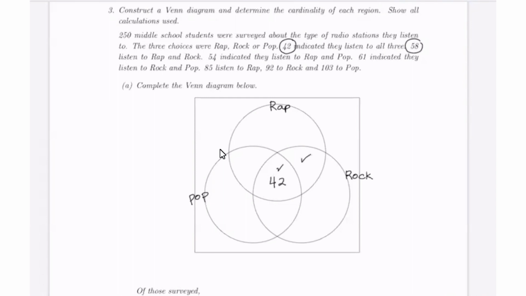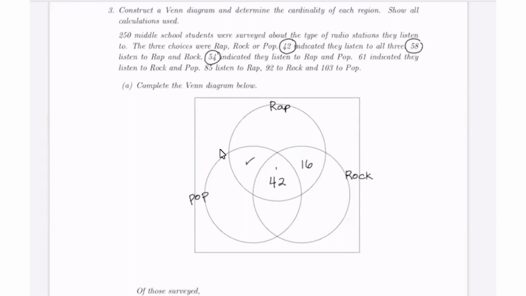So what's the remaining part? This is 58, so 58 minus 42, 16. And then 54 listened to rap and pop.